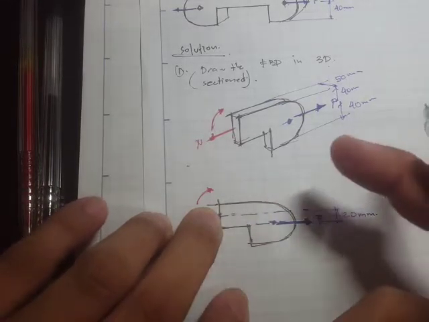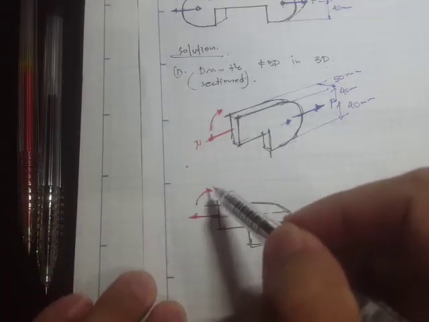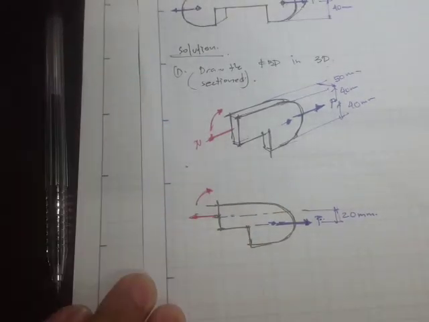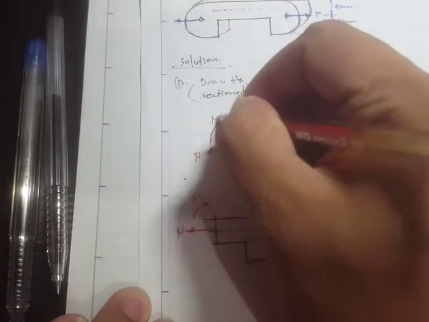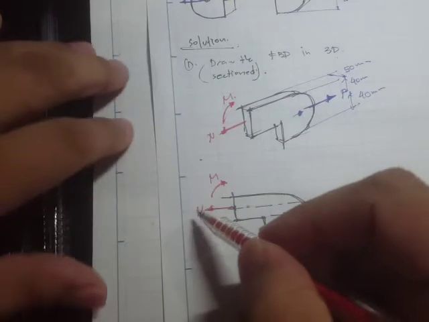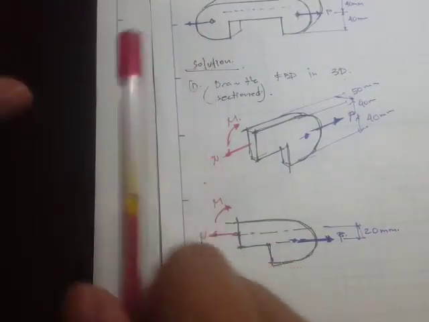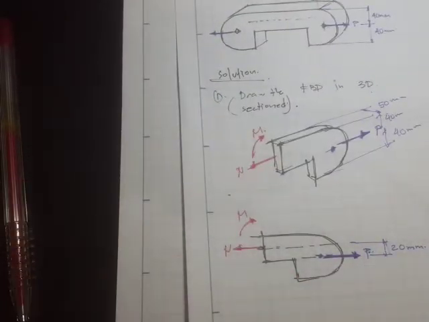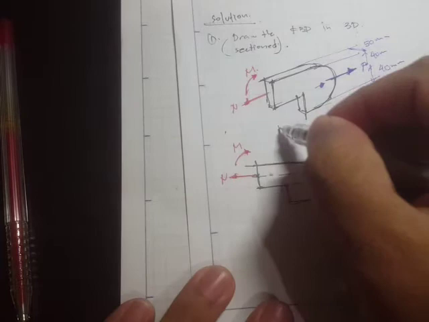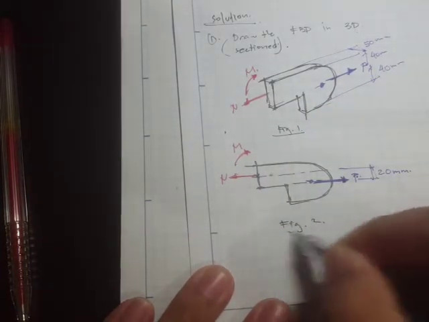So in order to maintain equilibrium, there must be a bending moment right here. Sometimes I use simple P, or sometimes I just use N. Just take note that I'm referring to internal forces. Okay, so here's our figure 1, and this is our figure 2.